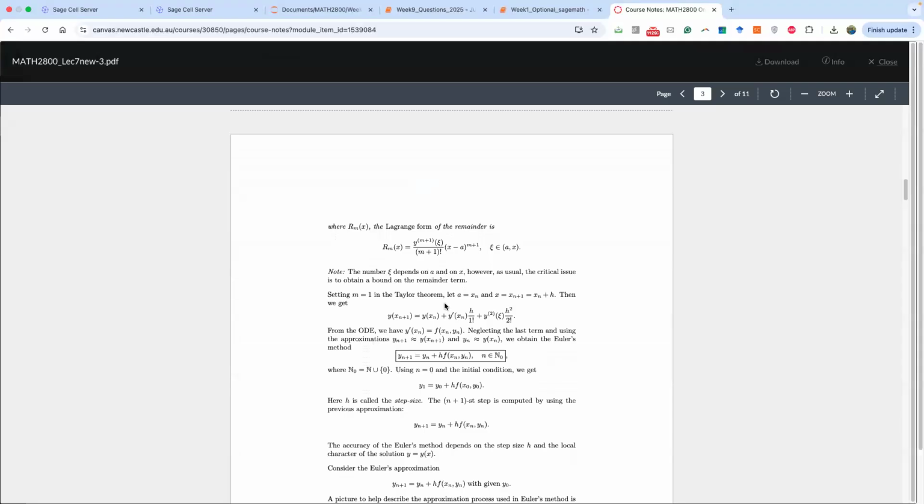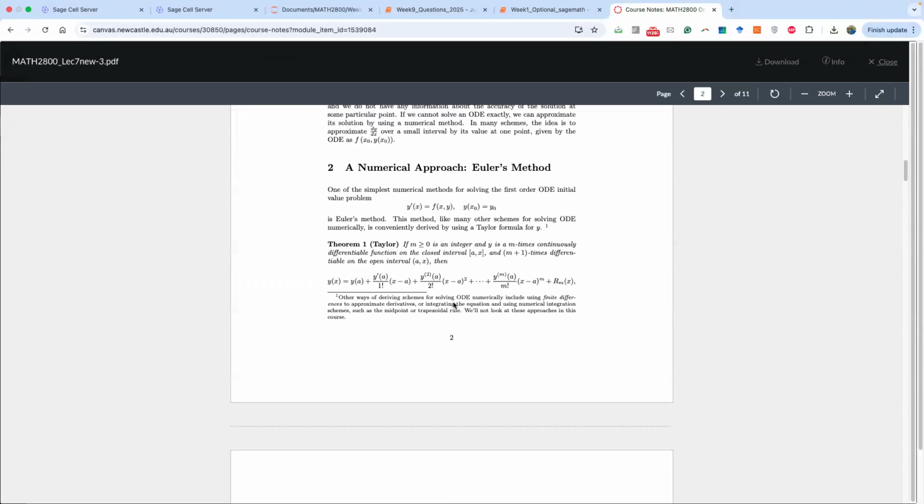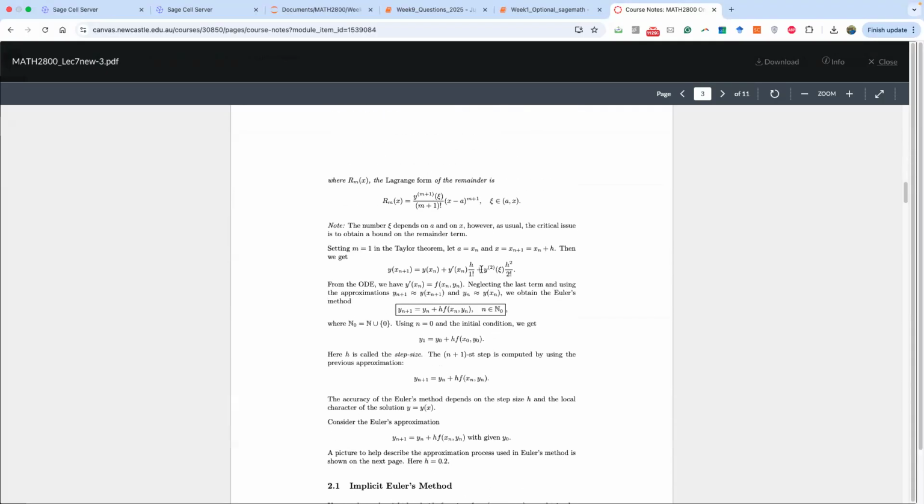For the first order, we can use this term and this term, I mean m will be 2.